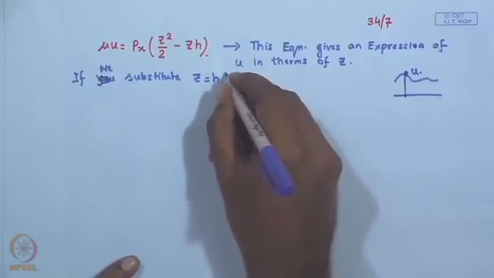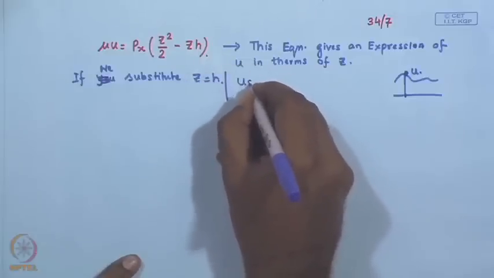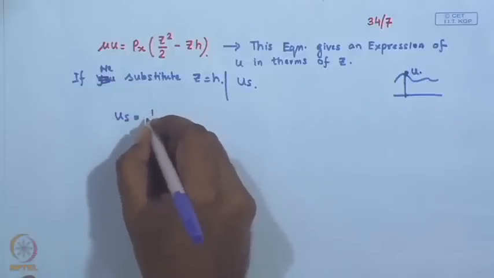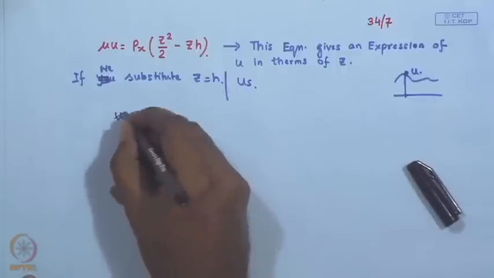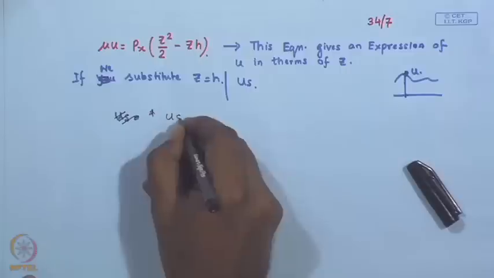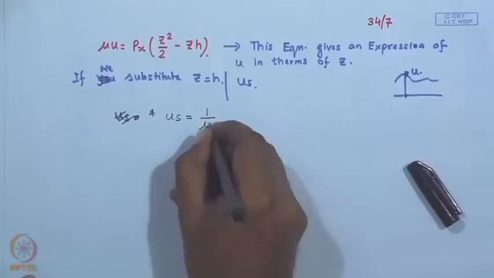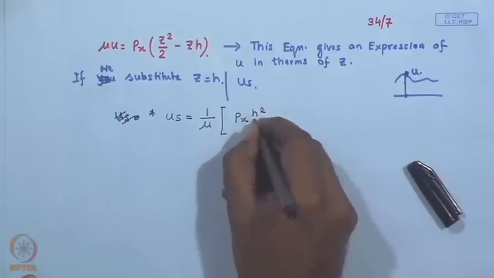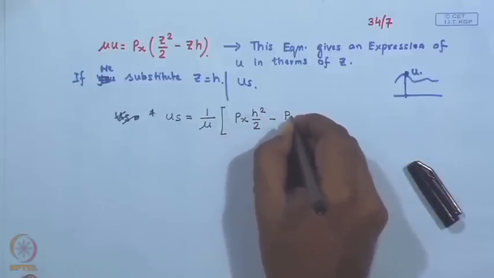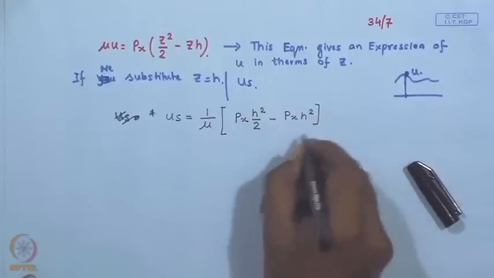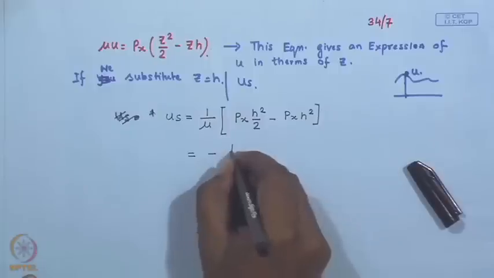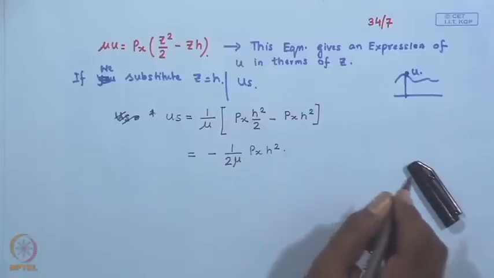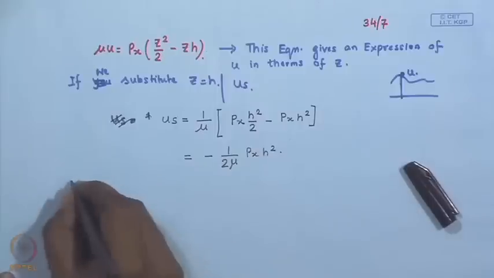So, for z is equal to h, from this equation we will get the value of us, which turns out to be us is equal to 1 by mu into px h square by 2 minus px h square, or it turns out to be minus 1 by 2 mu px h square. Now, we relook at the continuity equation.